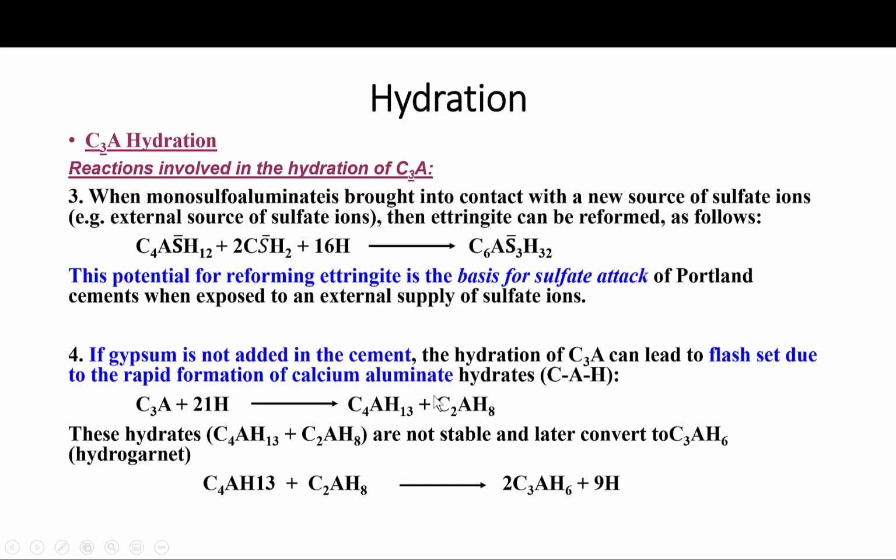Tricalcium aluminate with water will give us some form of calcium aluminate hydrate phases. These hydrates, the first two phases, are not stable and later may convert to another phase, the C3AH6, which is called hydrogarnet, according to this equation.